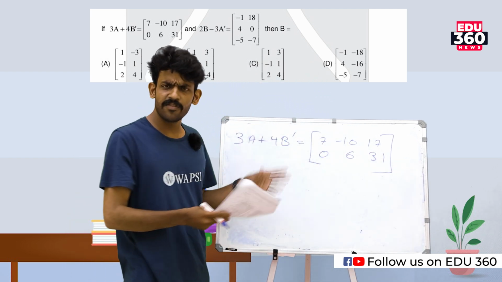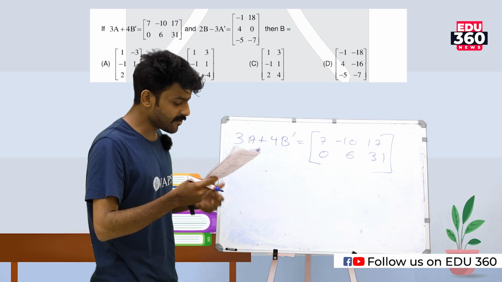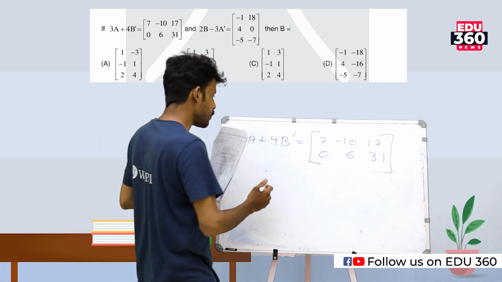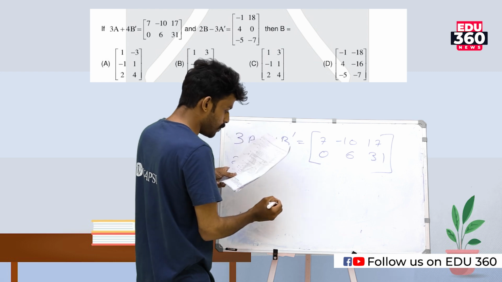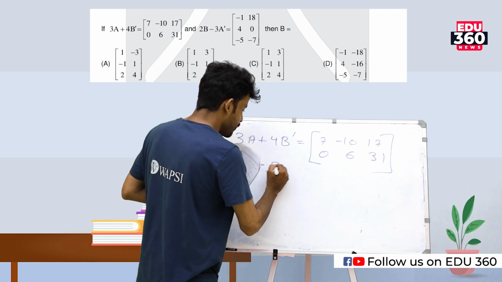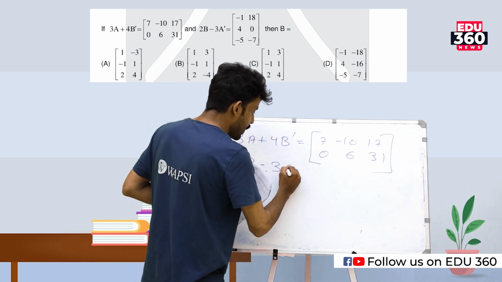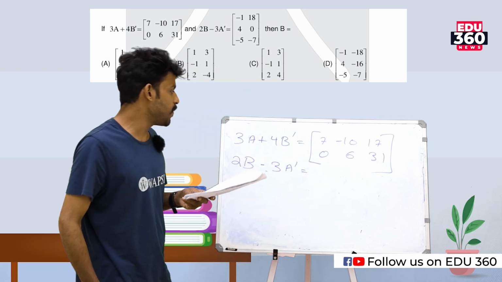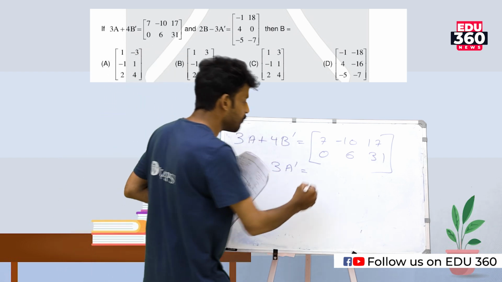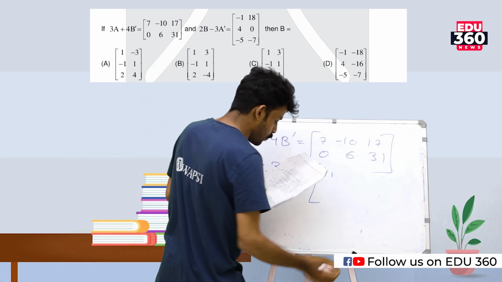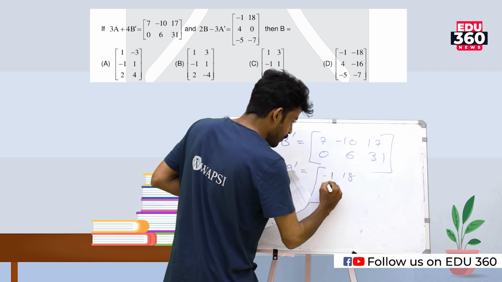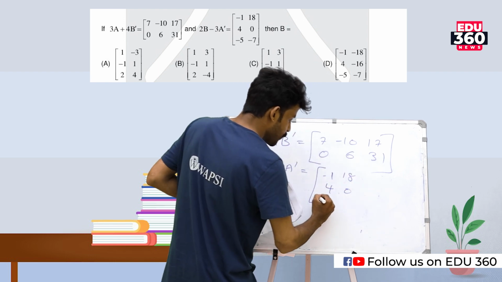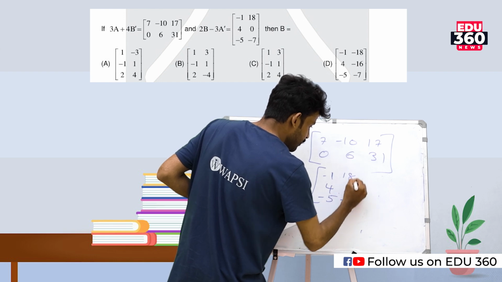It's already given in the question. The next is 2B minus 3A dash, which is equal to minus 1, 18, 4, 0, minus 5, minus 7, also given in the question.